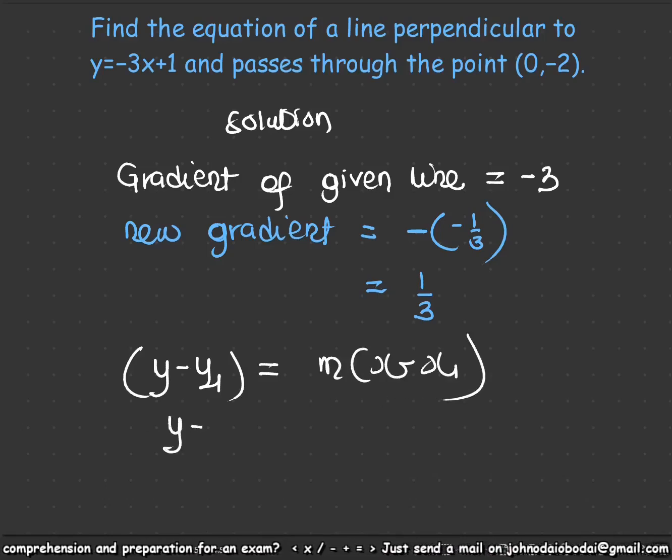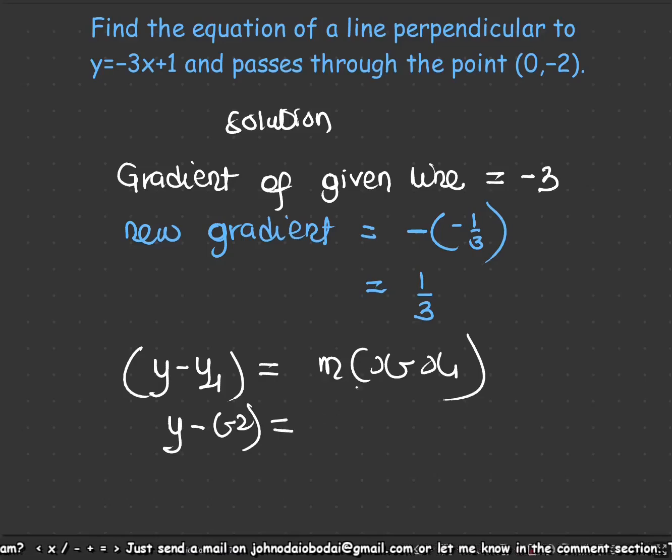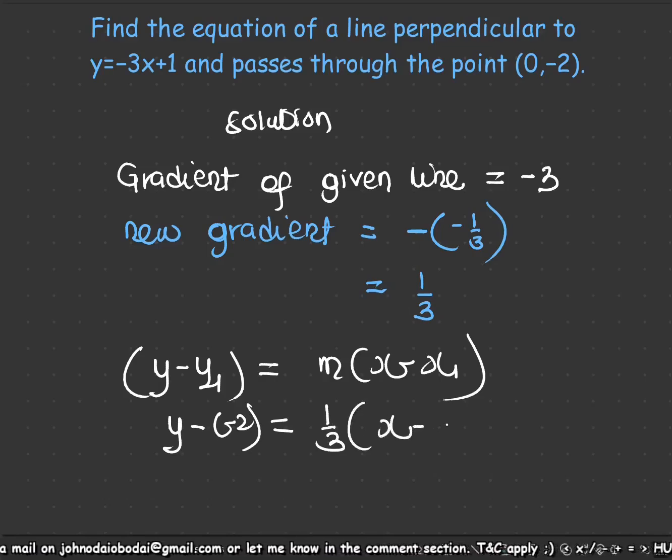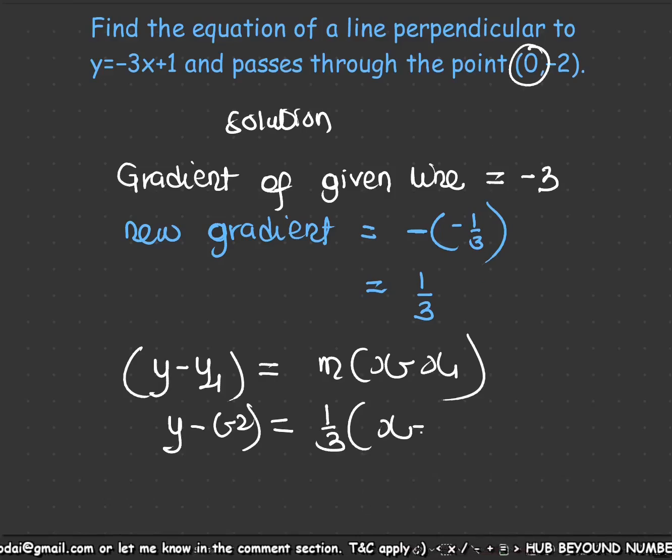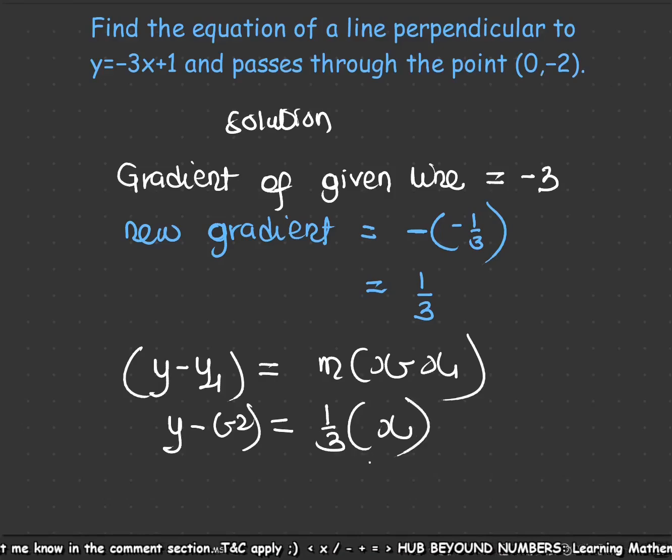So we have y minus our y1, which is the y value over here. So y minus negative 2 is equal to our m, which we have solved to be 1 over 3, then into bracket x minus 0. Since it is minus 0, it is not going to do anything. X minus 0 is still x.